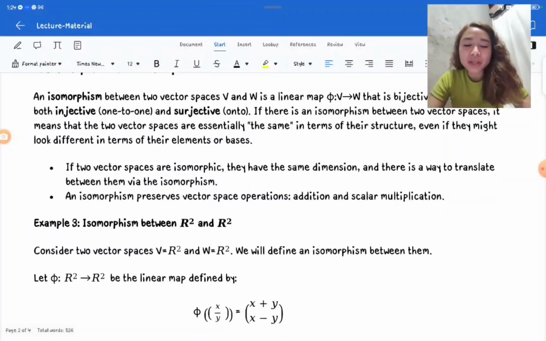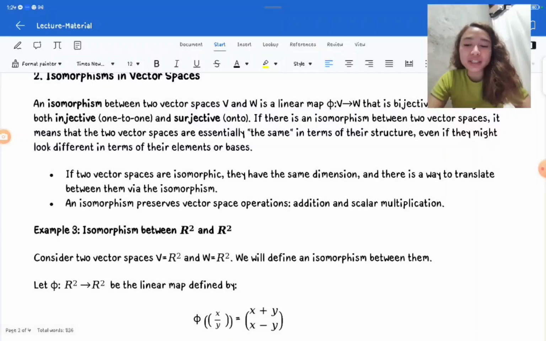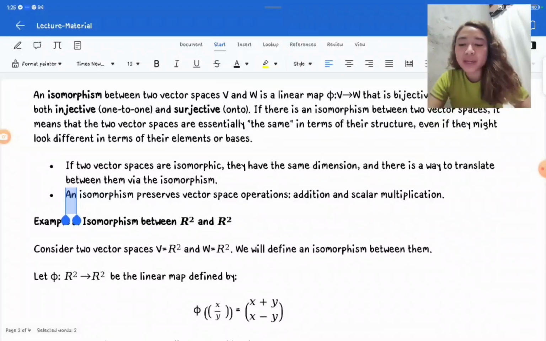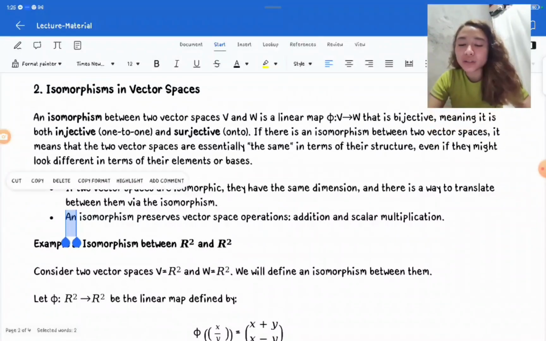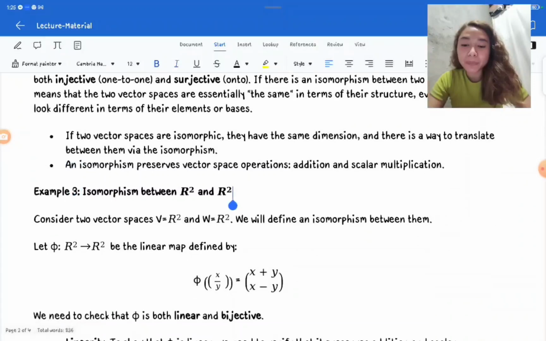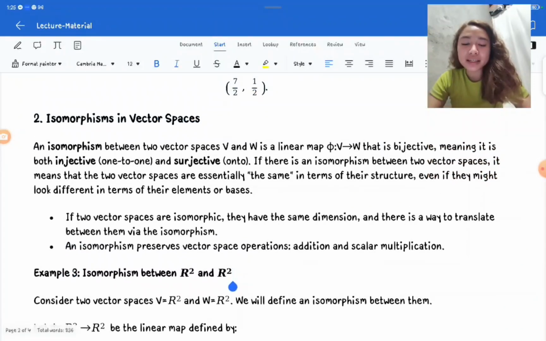A map is bijective if it is both injective, or one-to-one, and surjective, or onto. This means that every vector in the first space maps to exactly one vector in the second space, and every vector in the second space has a pre-image in the first space.